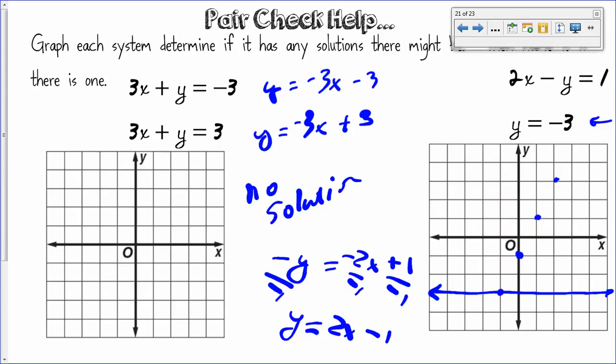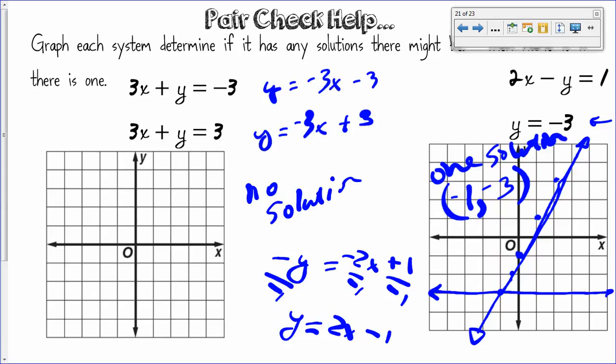Where are these two lines going to intersect? How many solutions? One. What is it? What's the solution? Okay, negative 1 and negative 3. One solution. Okay?